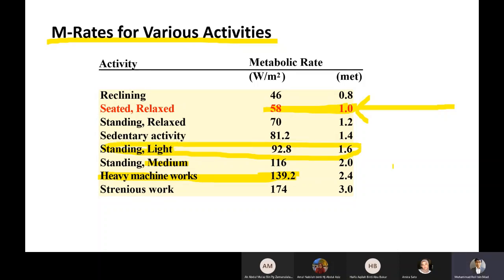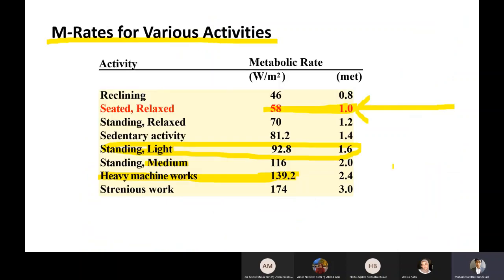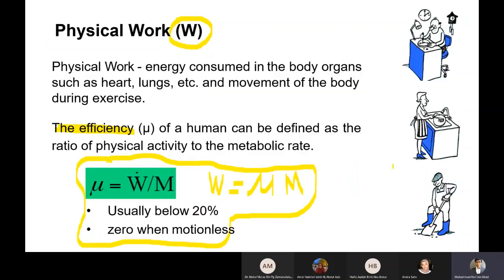So it's 9.28. That is for walk. So there is no exact science, because it's almost impossible to do it. Okay, but try to come up with a sensible estimation here based on the guides provided here, based on the table, based on this value.